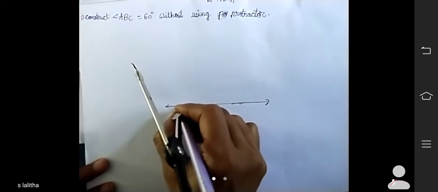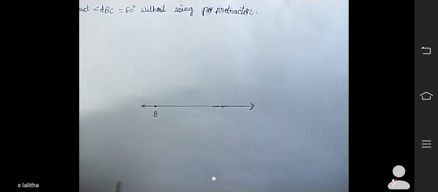On that line you have to put one point. Any point you have to take. Suppose here A is there. So take B here. Angle ABC is given, so you have to write B here. First you have to put the point B here.